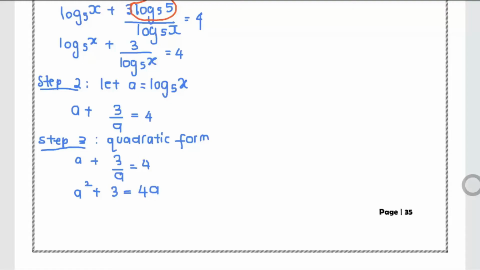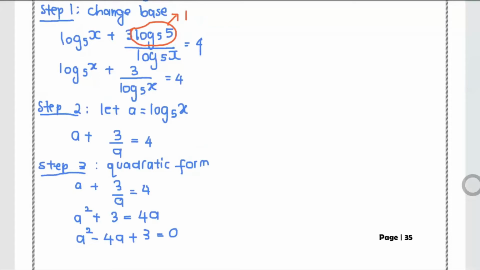Then just rearrange our equation so that it is quadratic on the left hand side and 0 on the right hand side. So a squared minus 4a plus 3 equals 0. Now we have this quadratic, and we will move to step 4.